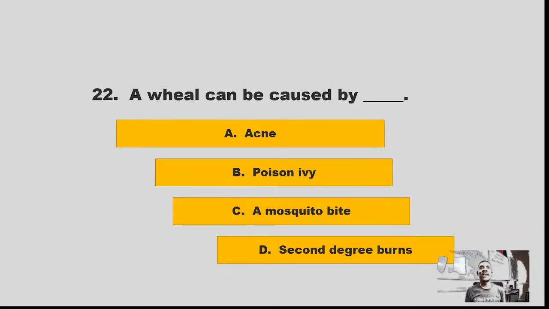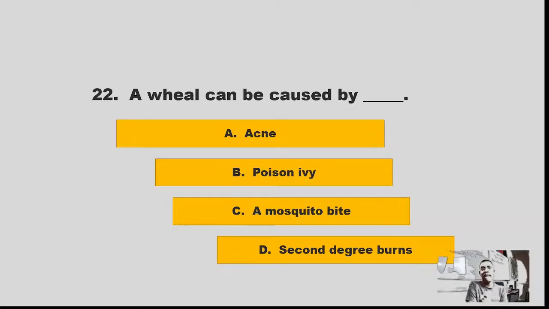A wheal can be caused by, is it acne, poison ivy, a mosquito bite, or second-degree burns? And we're talking about a wheal. I think it's an interesting fact here that you can also get a wheal from a belt.